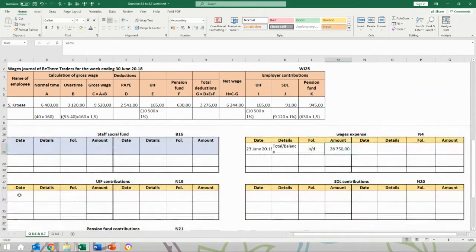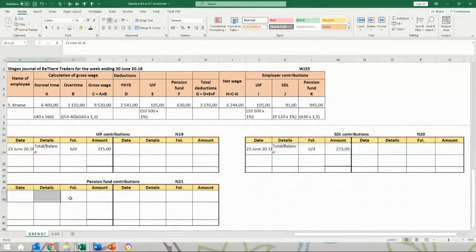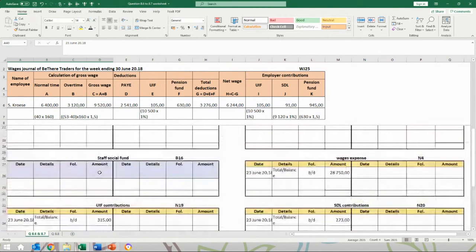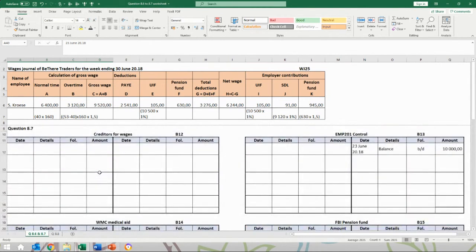So our UIF contributions is 315 Rand, and our SDL contributions, they said the opening balance is 273, and then the last one is your pension fund, which is 2,835. Okay, so based on the information they've provided, that is step one, showing the opening balances.